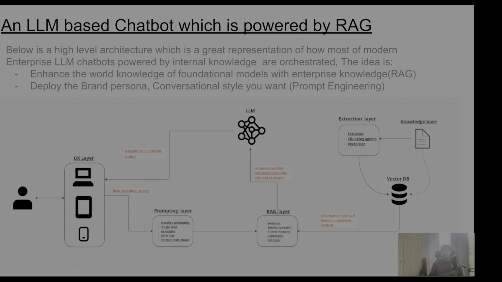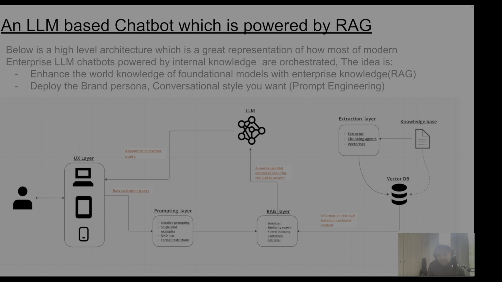And second, you want to make sure that the conversation that happens actually aligns with the brand persona, or the objective, or the application for which you are trying to deploy this chat application. These are the only two main things, and then there are also sub components that we will discuss as we move forward. But first, let's look at this architecture.